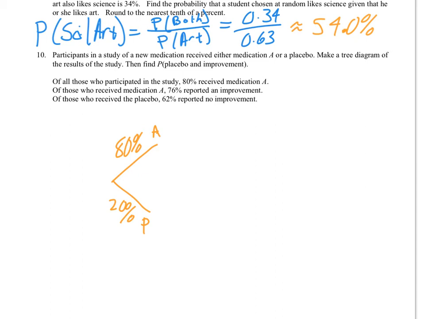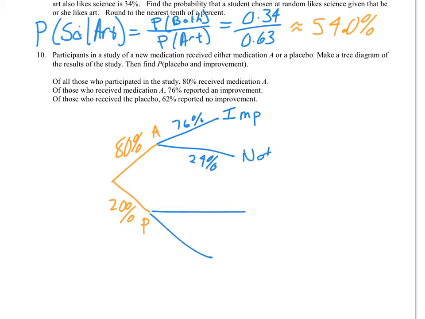Of those that received the medication, 76% reported improvement. So 76% felt like it improved, and that would mean then that 24% did not improve. I'm just going to put not. And then of those that got the placebo, 62% reported no improvement.